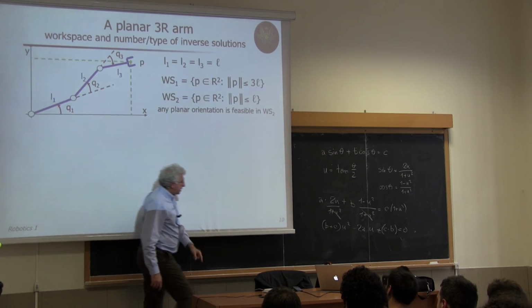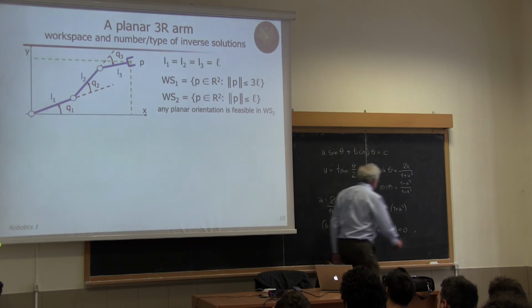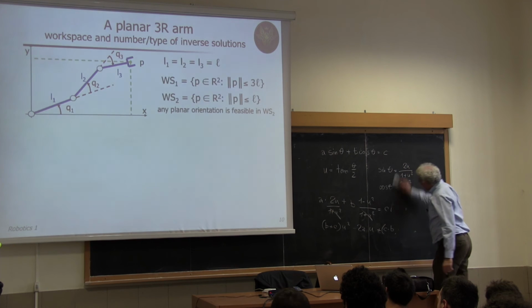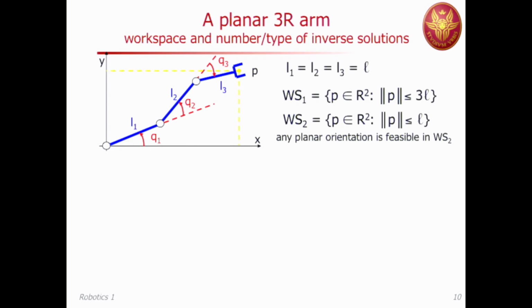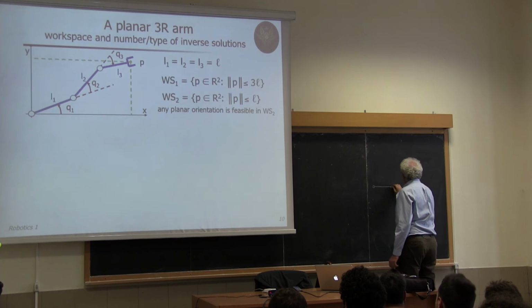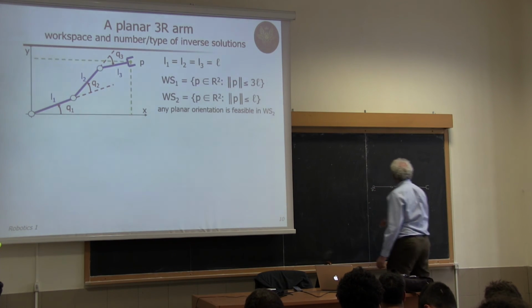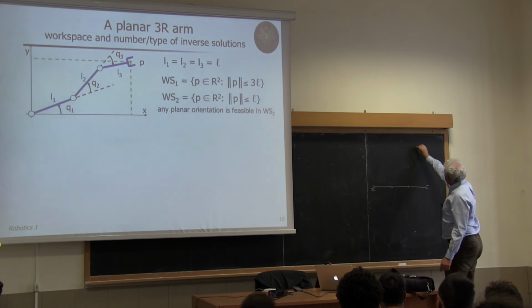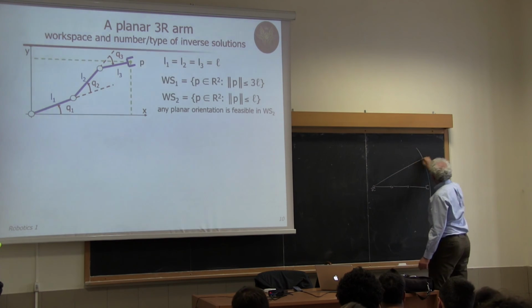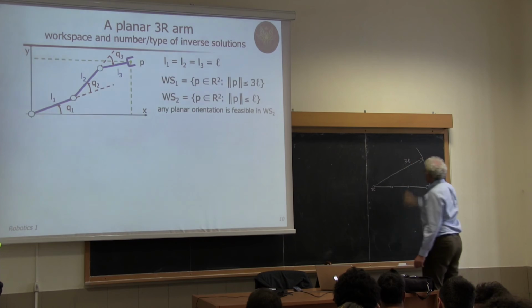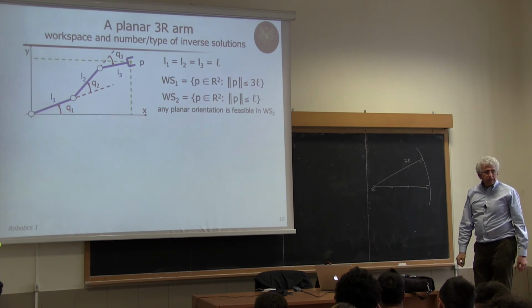In this case, I need a drawing here. If you're close enough to the base of the robot, here you have links 1, 2, and 3 of equal length. Now 3L is the outer boundary.